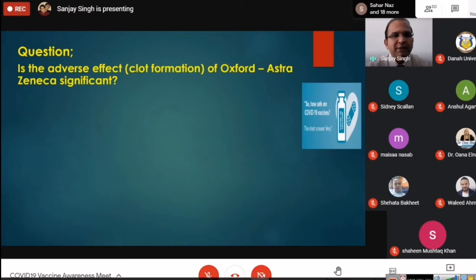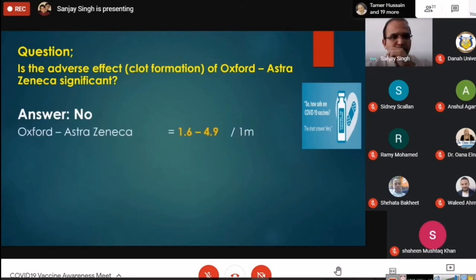Is the adverse effect of clot formation of AstraZeneca significant? I'm sure there's a lot of concern about this adverse effect of clot formation. So many patients have asked me this, and the answer is no, it is not significant. For AstraZeneca, the incidence of adverse effect is 1.6 to 4.9 per million doses.